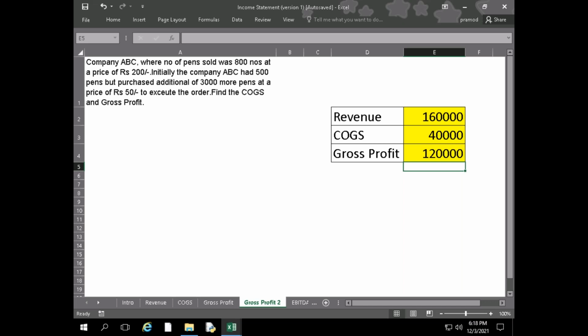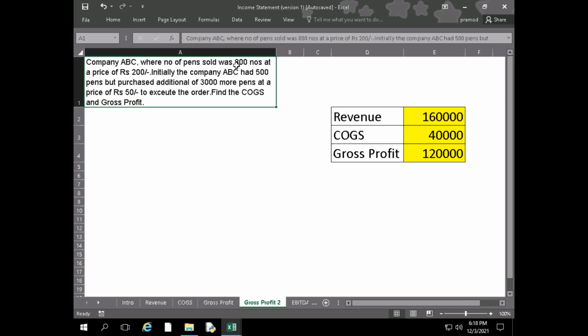Sir, they have given other things also, no, sir. 500 pens, and would purchase an additional 300 pens. See now, your number of pens sold is how much? 800. So what was your purchase stock?